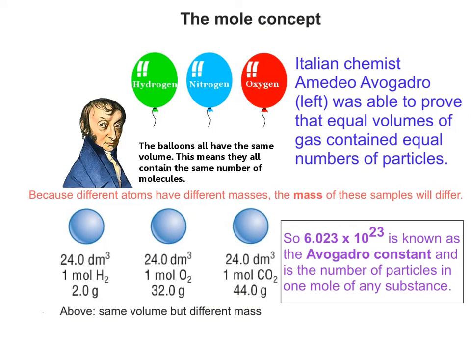Therefore 6.023 times 10 to the power of 23 is the Avogadro constant, named after Amedeo Avogadro, and is the number of particles in 1 mole of any substance. So we can now apply this to our gas samples. Each gas sample in the bottom left-hand side of the screen contains 6.023 times 10 to the power of 23 molecules of gas.